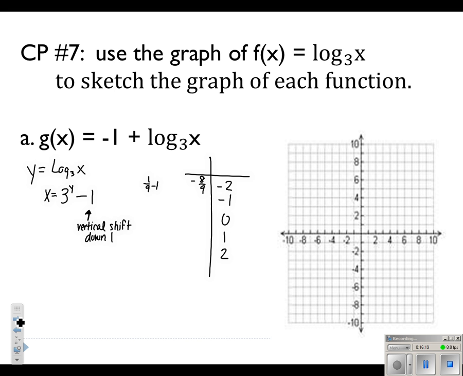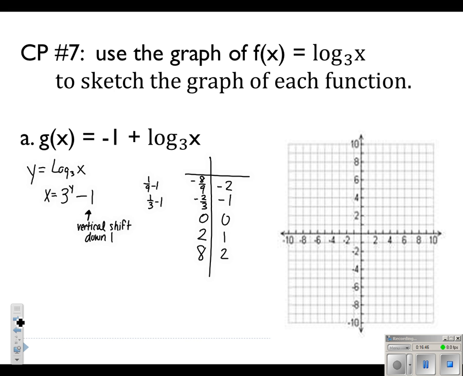If we have a minus 1 power, we're going to have 1 over 3 minus 1, or negative 2/3. If we put a 0 in there, 3 to the 0 power is 1. 1 minus 1 is 0. If we put a 1 in there, we have 3 to the first power, which is 3. Subtract 1, we're going to get a 2. If we put a 2 in there, 3 to the second power is 9 minus 1 is 8.